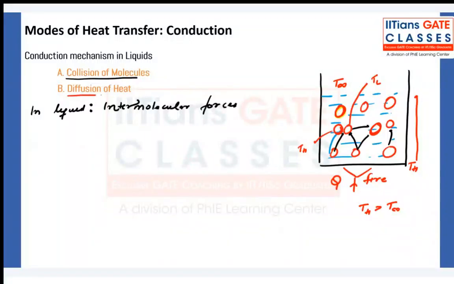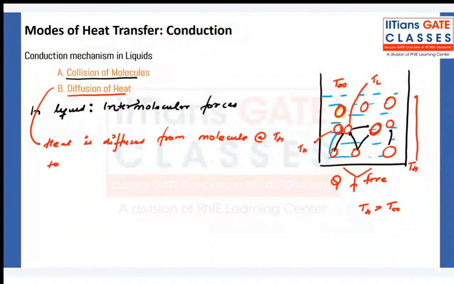Diffusion means heat is getting diffused from the molecule at higher temperature TH to the molecule at lower temperature.